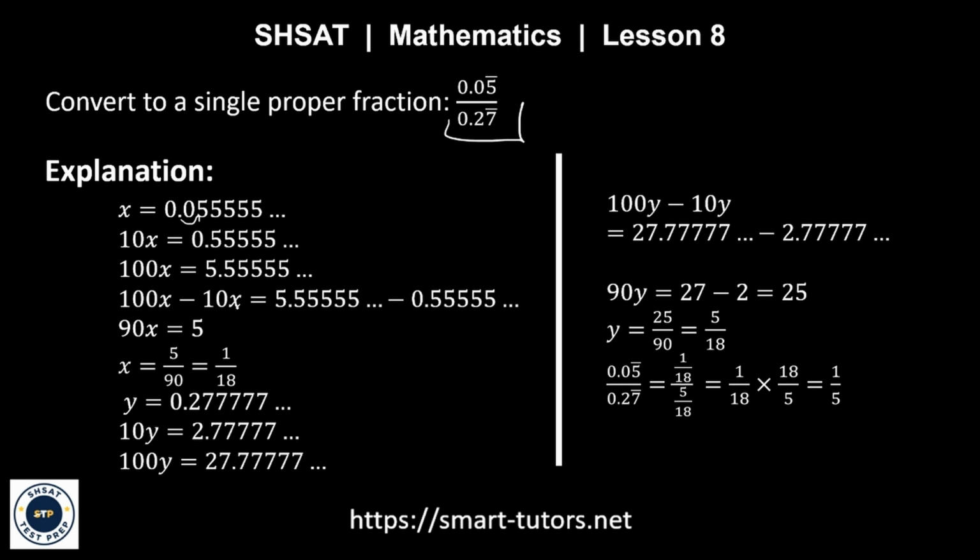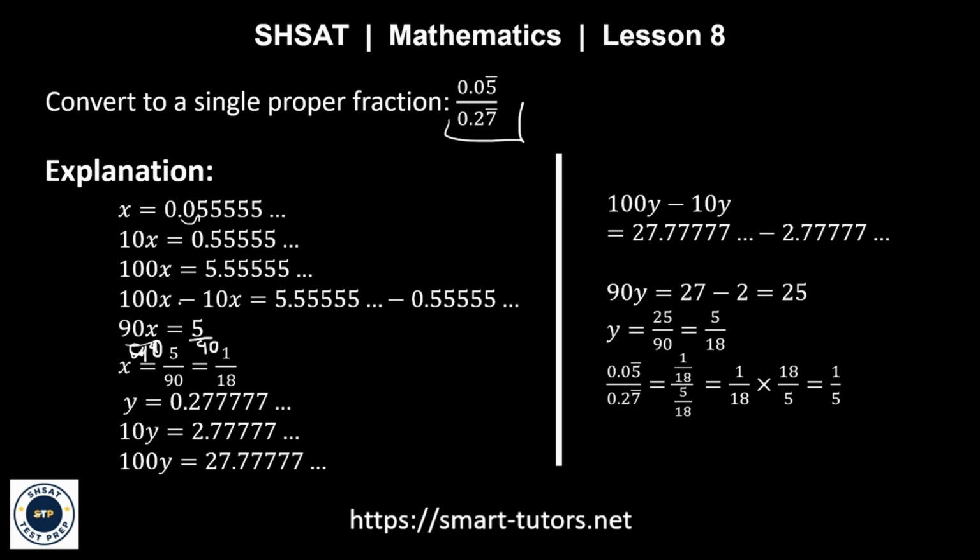And you can do 100x minus 10x, and that would be 5.555 minus 0.555, and you'll get rid of the repeating decimal, and now you have 90x equals 5. So you have x equals 5 over 90, because if you divide both sides by 90, you get 1 over 18. And now you want to do the same thing for the bottom, which is y equals 0.2777.